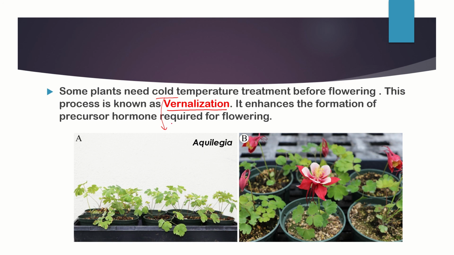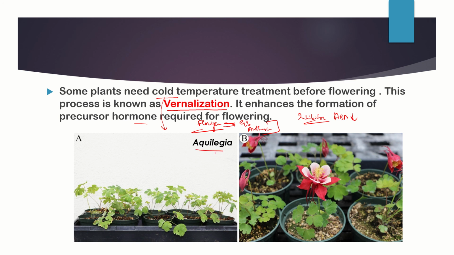Because due to the cold treatment, the precursor hormone florigen, a hypothetical name, which is considered as some kind of gibberellin and anthesin, is triggered because of the cold environment, so it is going to promote flowering. And at the same time, the inhibitor hormone, abscisic acid, falls because of the cold temperature treatment. So it has a dual advantage for the plants which have to enter the flowering stage.